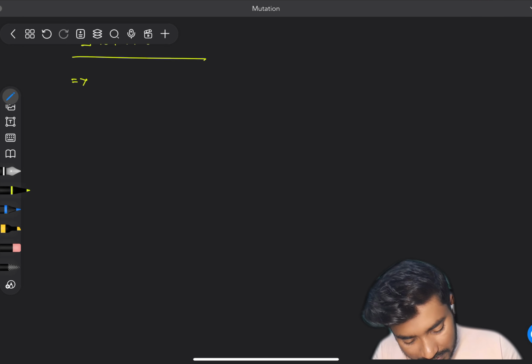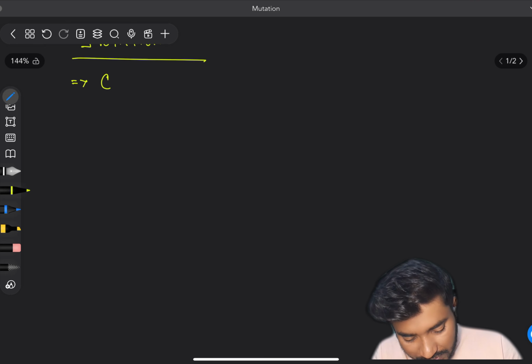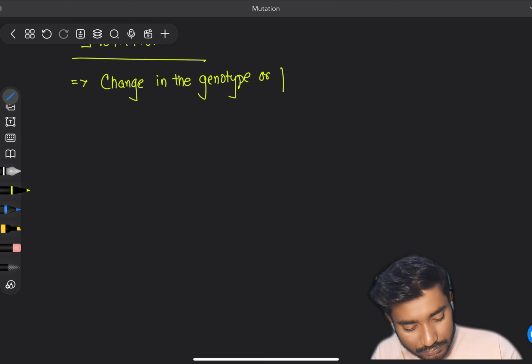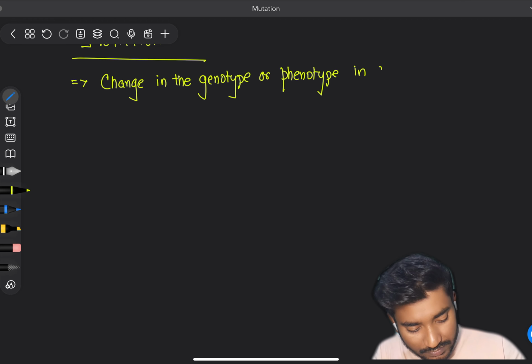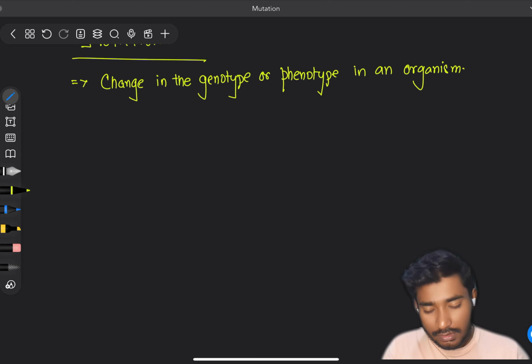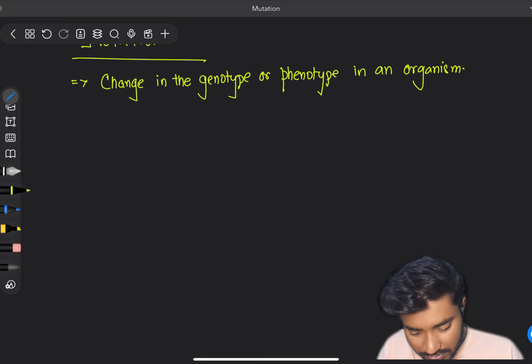It is a change seen in the genotype or phenotype of an organism. This is called mutation. The mutation can be of different types, the point mutation, frame shift mutations, and so on.